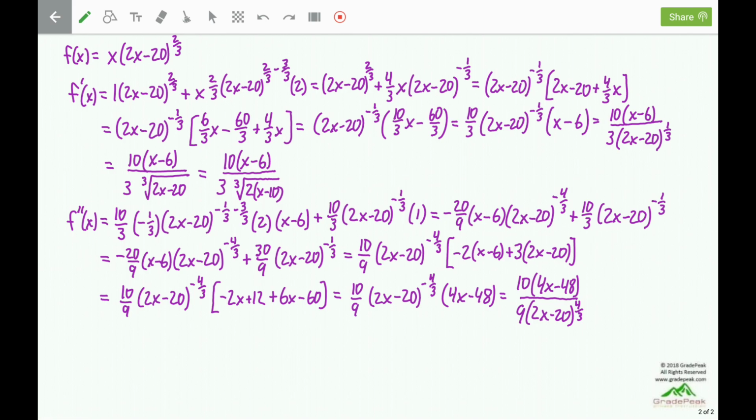We want to fully factor the second derivative. In the numerator, there is a common factor of 4, and that will multiply with the 10 to become 40. Factoring a 4 out will leave behind an x and a minus 12.